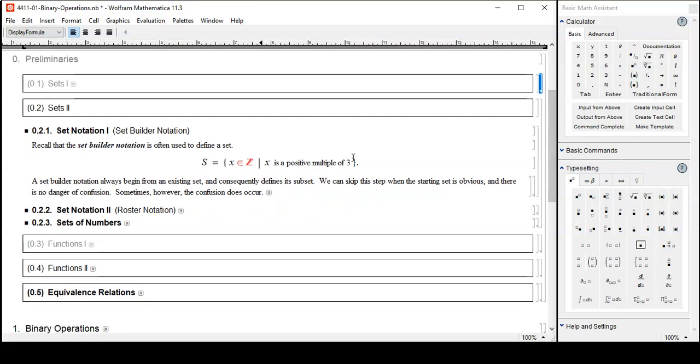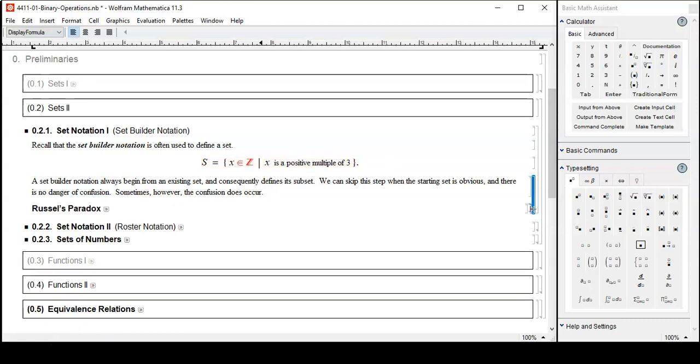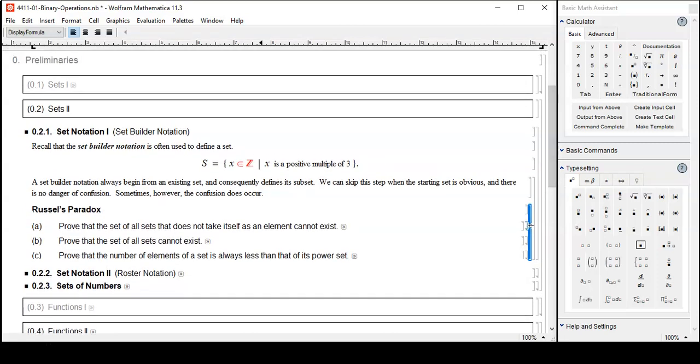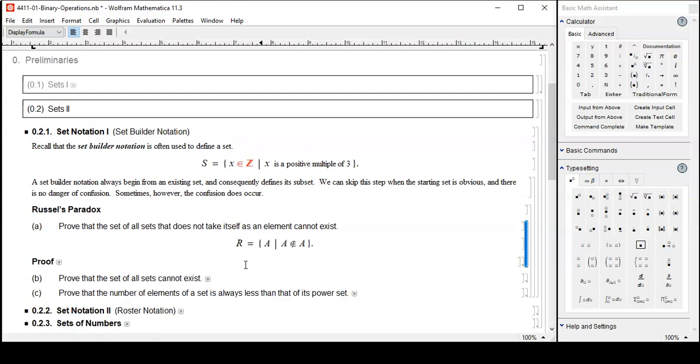But in some cases, we can't do this because this thing does not exist or is too hazy. In that case, we can fall into trouble. What kind of trouble am I talking about? Here's a very, very famous example by Bertrand Russell called Russell's paradox. The set of all sets that do not take themselves as an element cannot exist. Look at this, R for Russell. The question here is, does this R belong to itself or not?